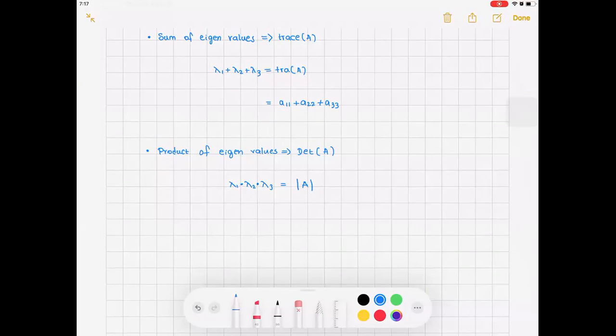Using these we can solve most of the problems. So I will give an example.